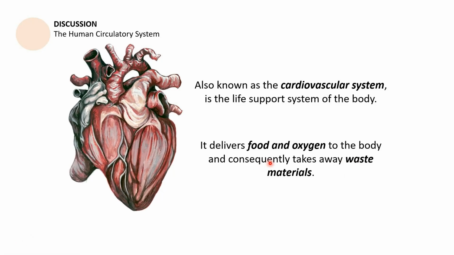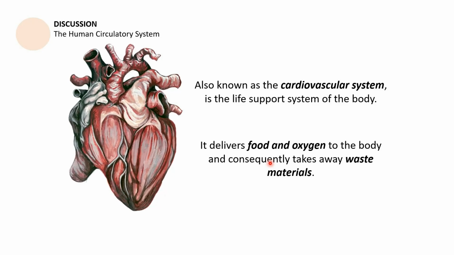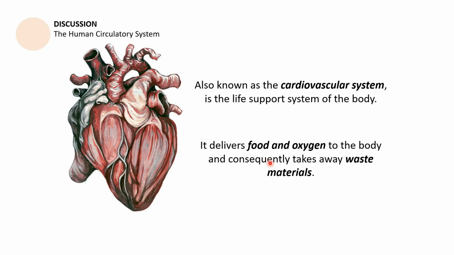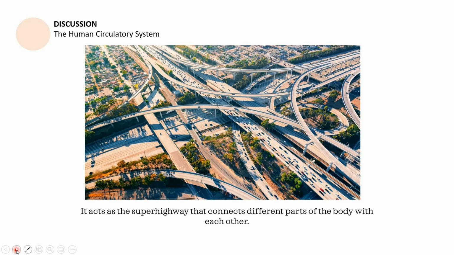So kanina, yung sa discussion natin regarding the blood flow and exchange of gases, yung food and oxygen, minerals, ayan, and then yung nutrients are being distributed, and then yung binabalik naman is going to be waste materials, pwede rin toxins actually, and then pati carbon dioxide. The cardiovascular system is acting like the superhighway that connects different parts of the body with each other.